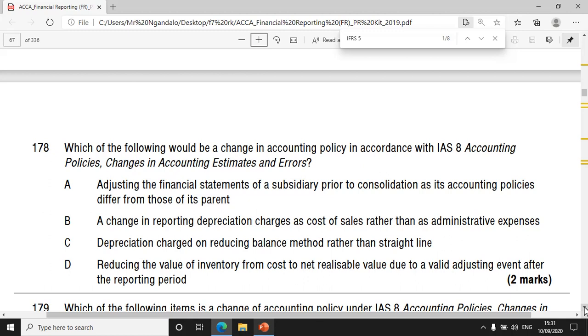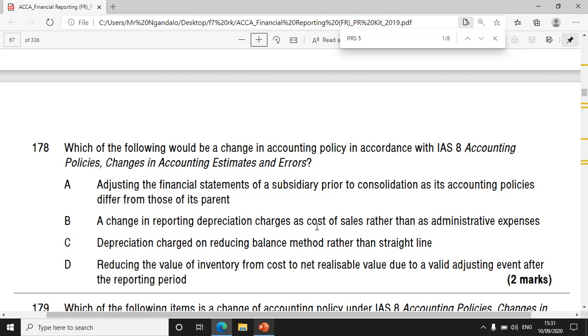Right, so 178, what do we have there? Which of the following would be a change in accounting policy in accordance with IAS 8 accounting policy changes in accounting estimates and errors? So again, we are looking for a change in accounting policy. A says adjusting the financial statements of a subsidiary prior to the consolidation as its accounting policies differ from that of the parent. Okay, so that is not correct.